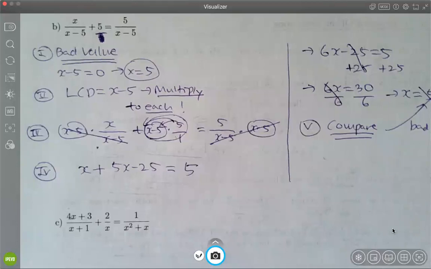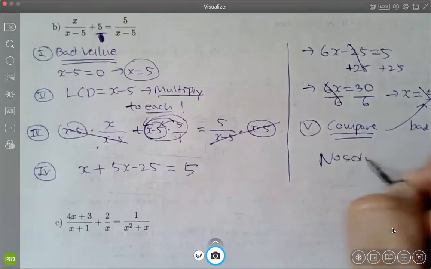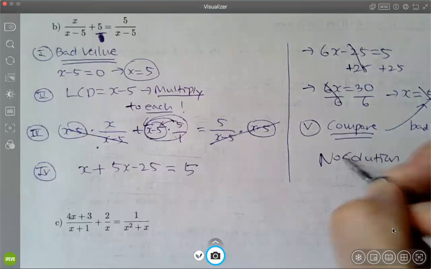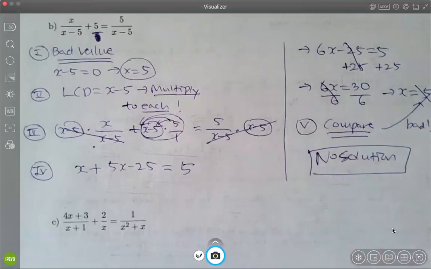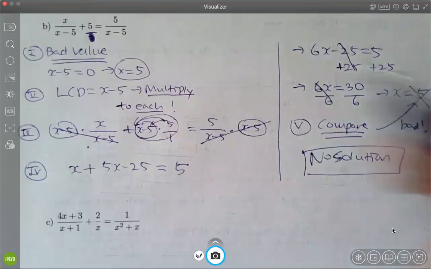Undefined? No solution is the answer, yes. 5 was the only candidate for the answer, but it was the bad value. So we have to cross it out, so there's nothing left. So no solution is the answer.